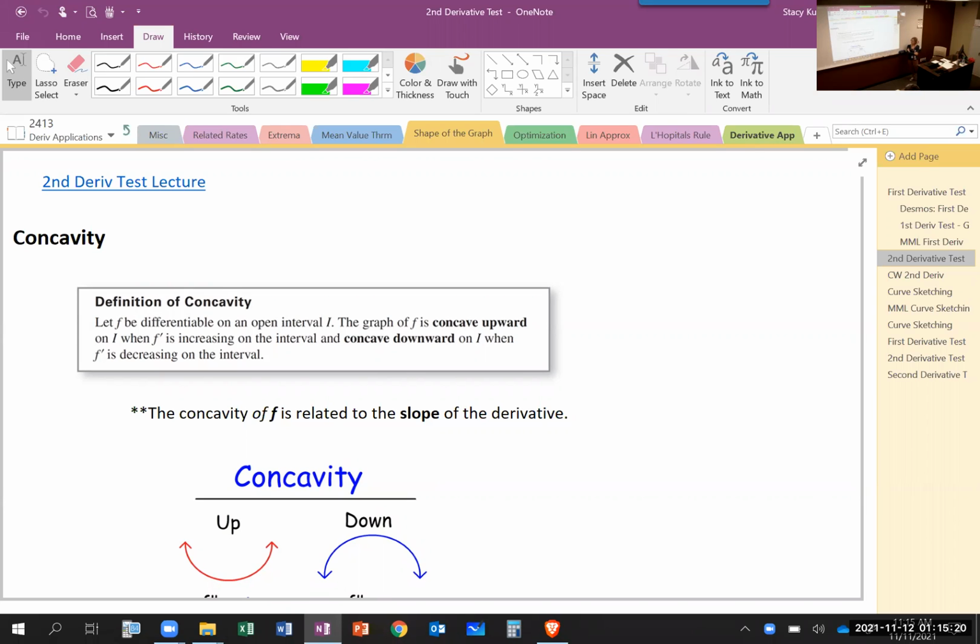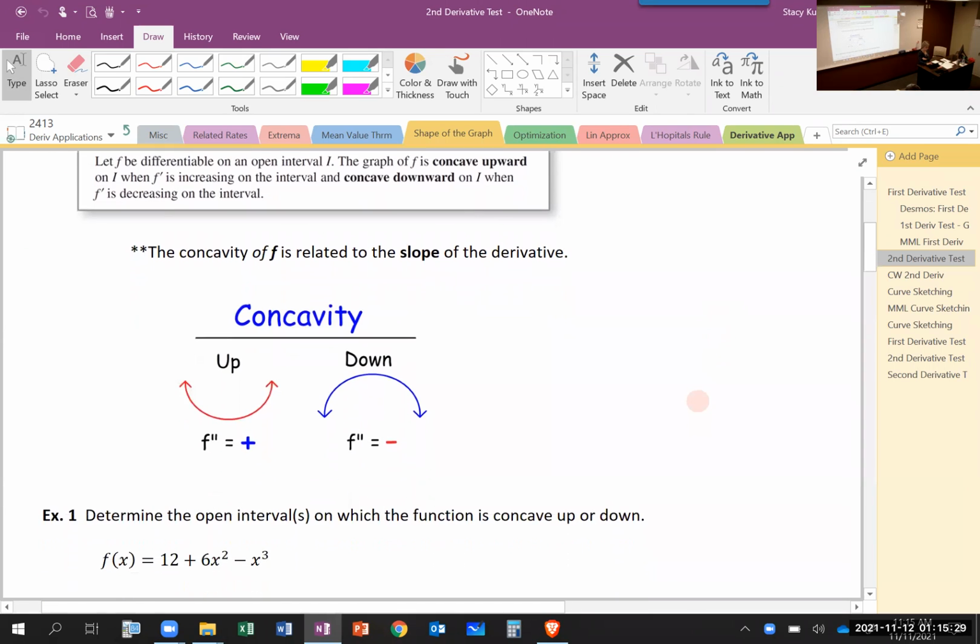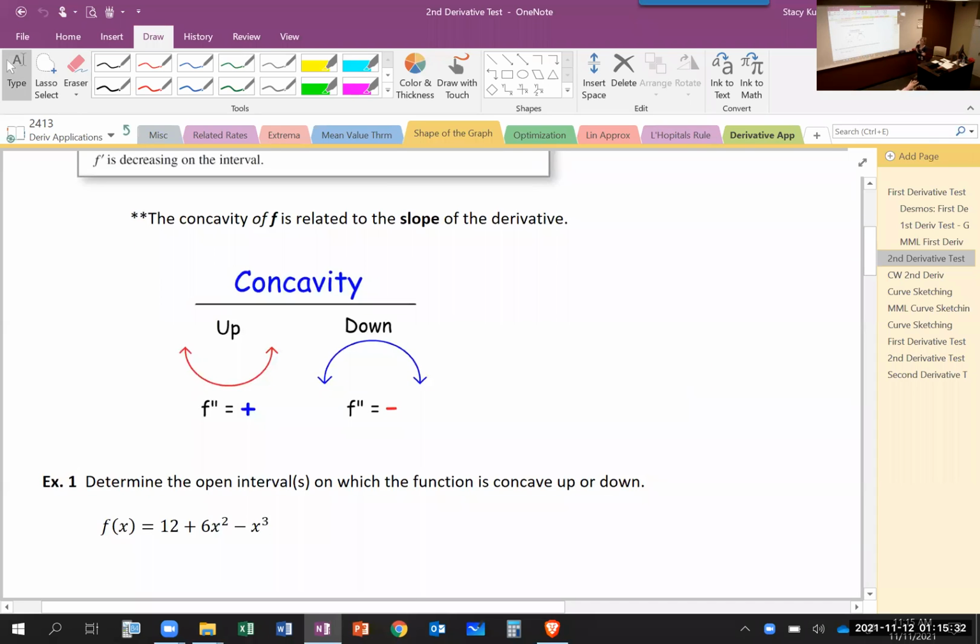Technically, concavity is related to the slope of the derivative, and I'll show you that as we go down a little bit further. The nice thing about this, though, is that if I take the second derivative of a function and find out where the second derivative is positive, it tells me where the first derivative is increasing.